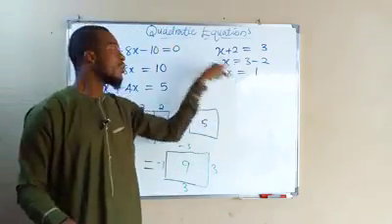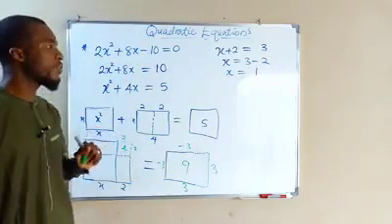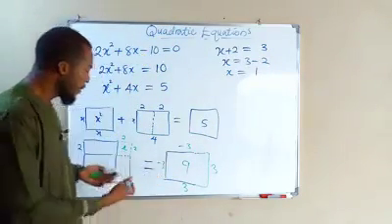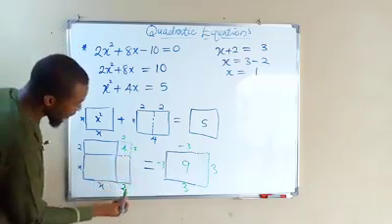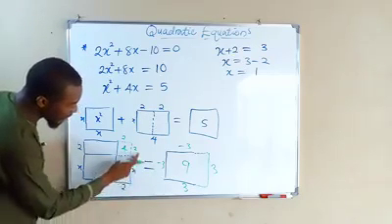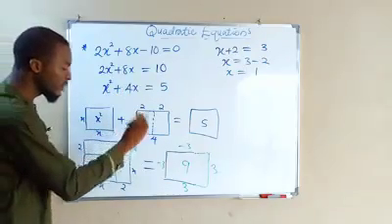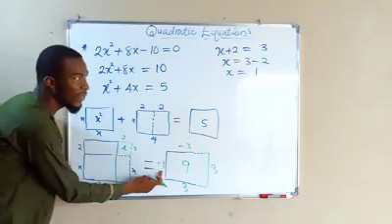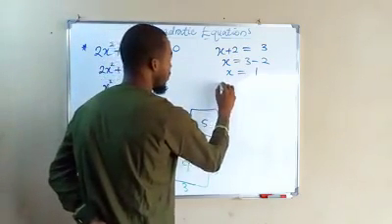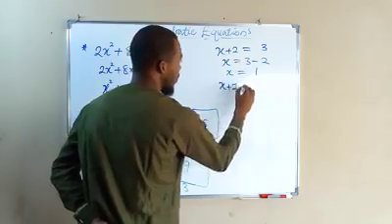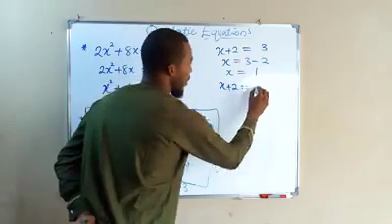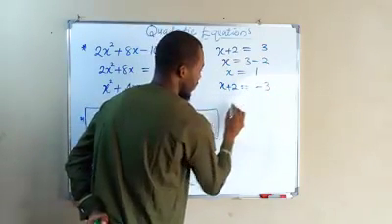We have found one of the solutions for this quadratic equation. To find the other solution, we can relate the other side again. You can see that this side is x, this side is 2. If you add them together, you get x plus 2, and you can relate it with this negative 3. So we can say x plus 2 is equal to negative 3.